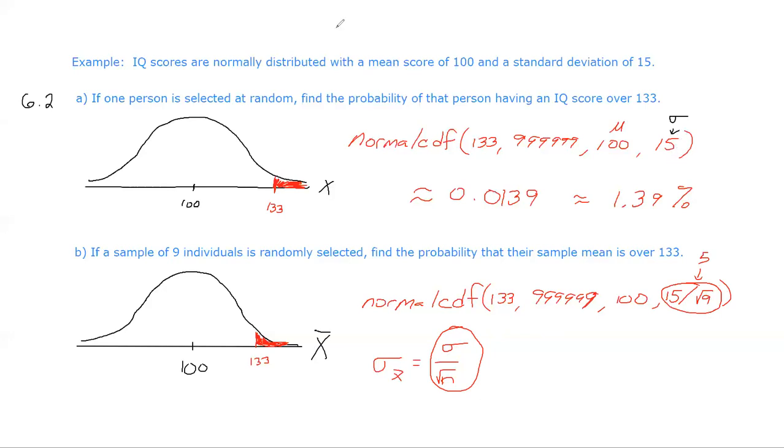So part A was a 6.2 problem because it was one person being selected. Now, part B is the new material for 6.4. We're trying to find the probability that a sample mean hits a certain target. That's the difference between 6.2 and 6.4.